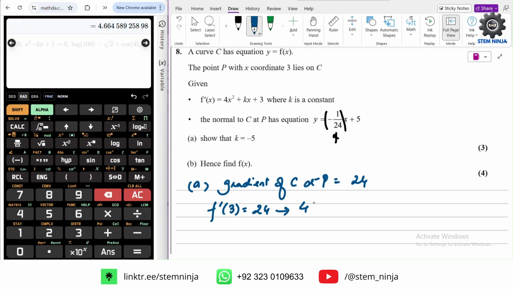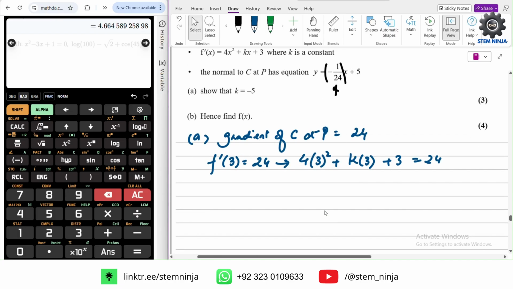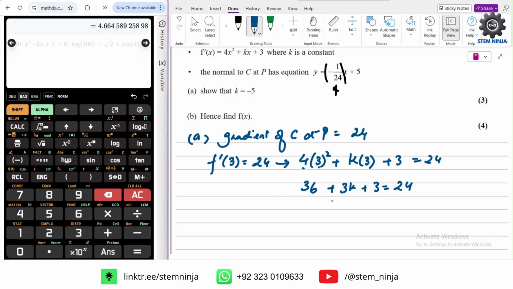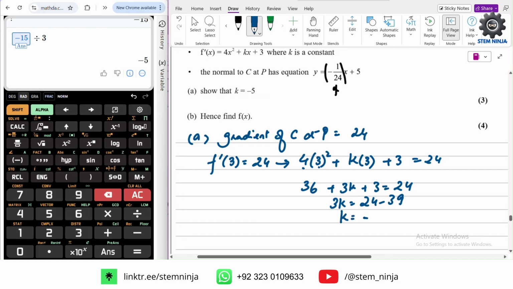So 4 times 3 squared plus k times 3 plus 3 equals 24. So 4 times 9, 36, plus 3k plus 3 equals 24. So 3k would be 24 minus 39, minus 15, divided by 3. Oh, sorry, I didn't need to do that. So minus 5.